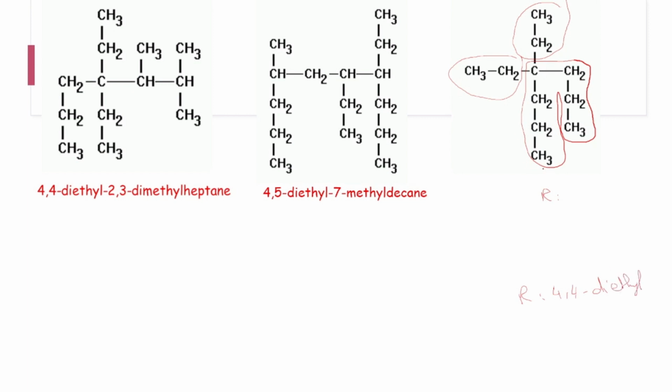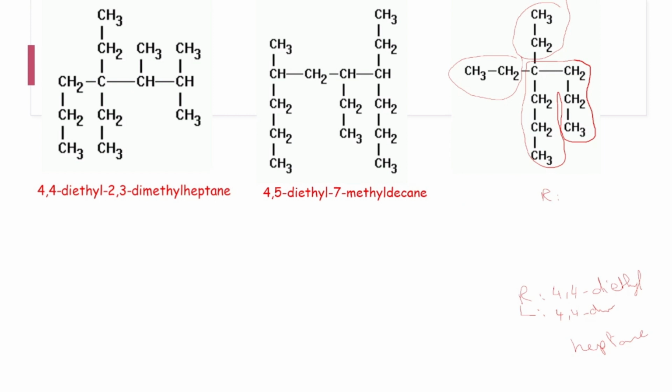But if I start from the left-hand side here, I will have 1, 2, 3, 4. Still 4,4-diethyl. The longest carbon chain here, or the mother compound, is meth, eth, prop, but, pent, hex, hept. So it's heptane. So whether I count from the right-hand side or the left-hand side, I will have 4,4-diethyl heptane.